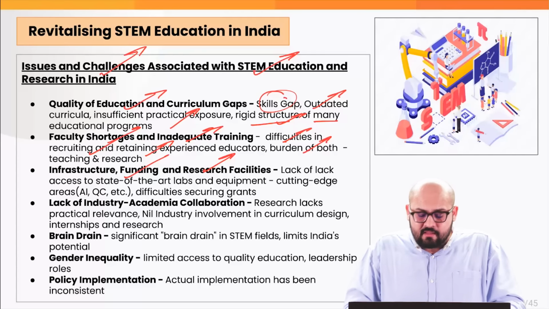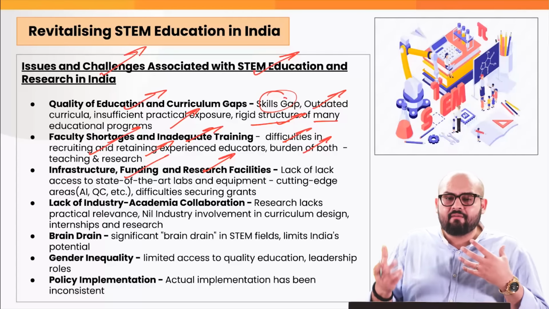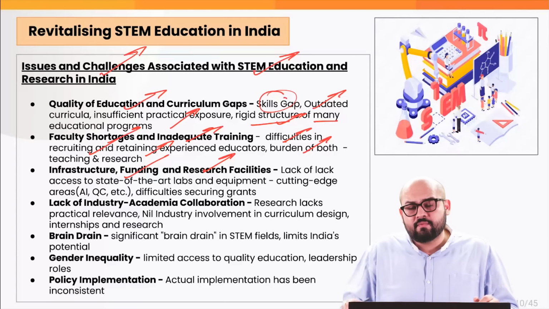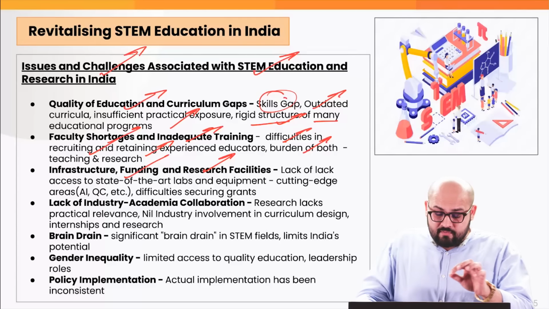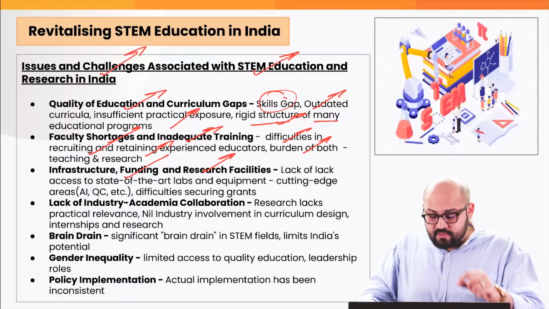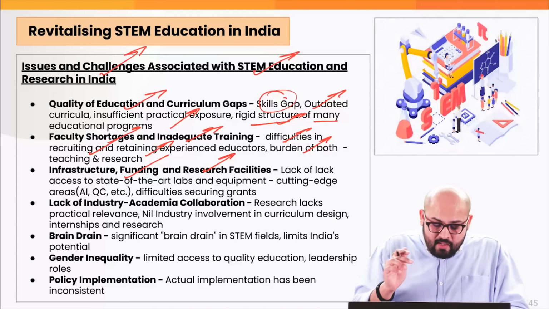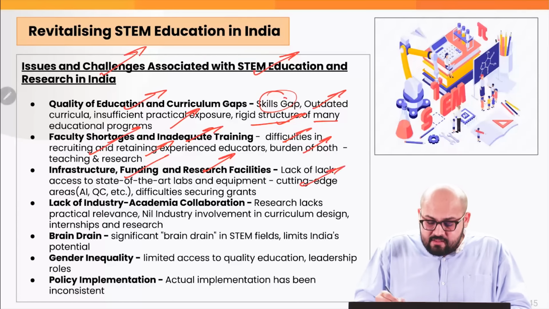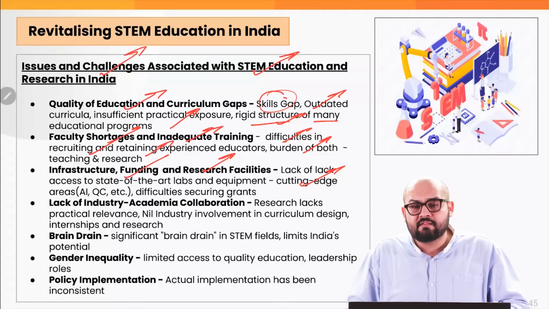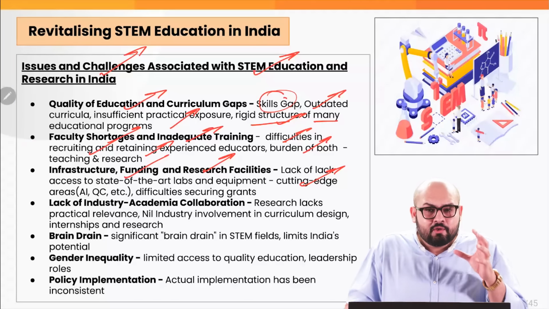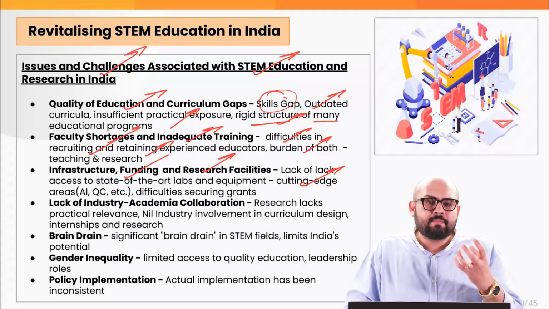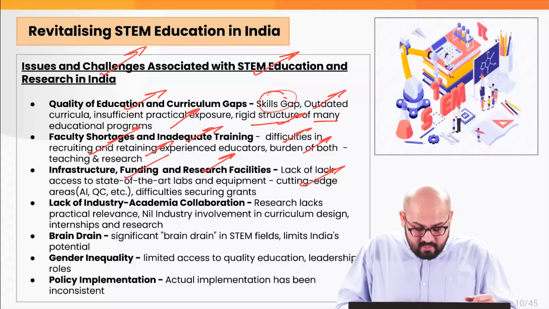But again, in India we have a dearth of resources, and that is what leads to the backwardness with respect to infrastructure, funding constraints, and research facilities. Next, if you really want to do research in cutting edge areas, be it artificial intelligence or quantum computing, you need supercomputers and big data centers, and that is basically a cost intensive process, right?